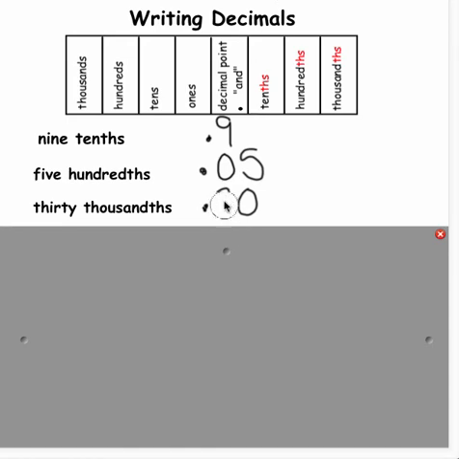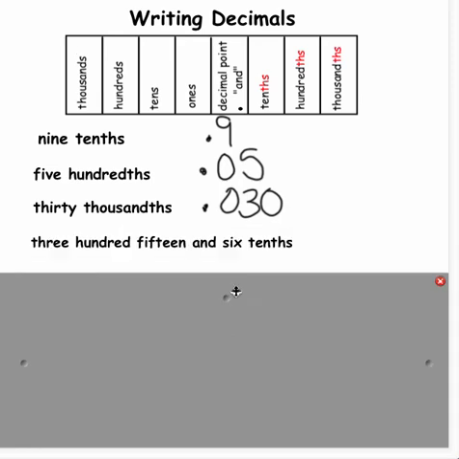That must mean I need to put a 0 in there as a placeholder. I'm going to go ahead and get my pen. I'm going to put a 0 first. Now I'm going to put in my 30. And we'll see how many places we have. Now, do I have 3 places? 1, 2, 3. Yep. So this would be 30 thousandths.